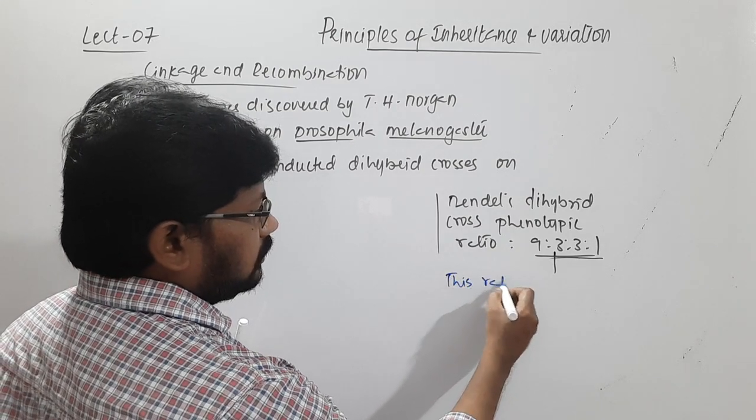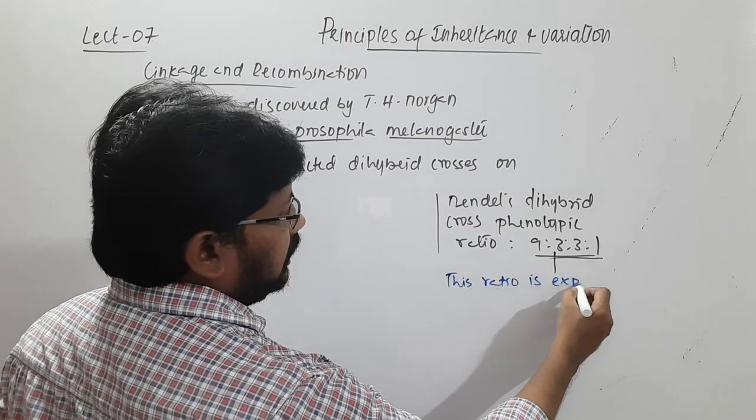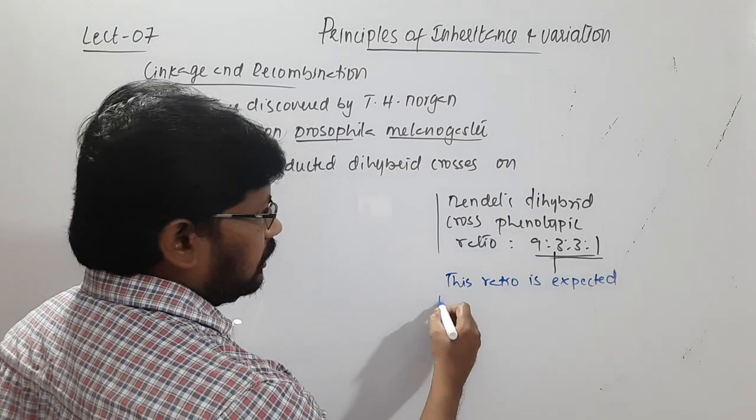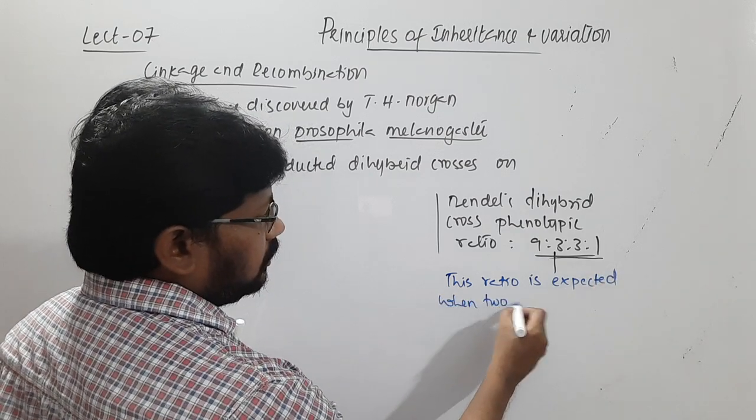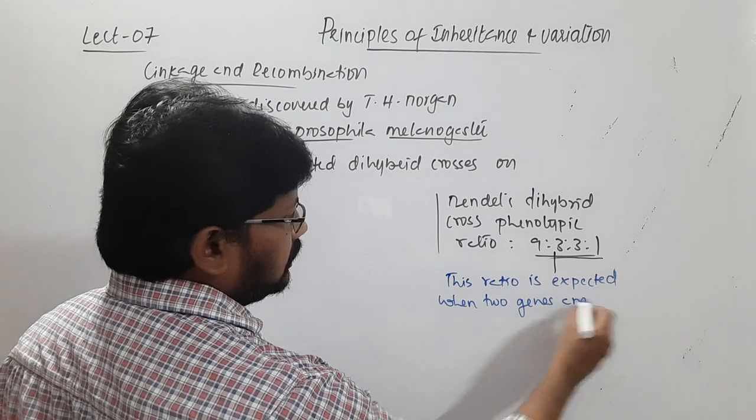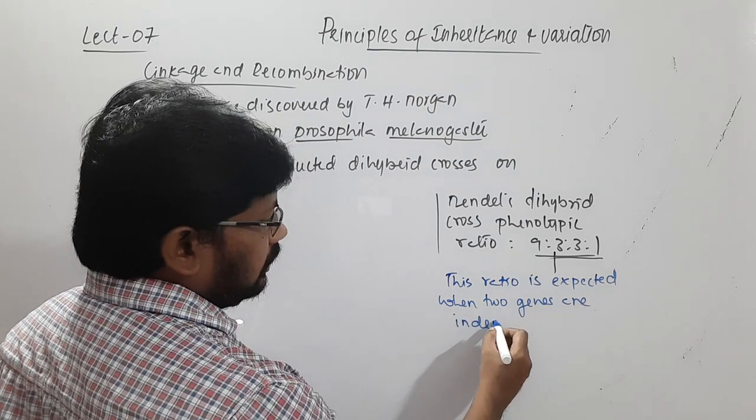So this ratio is expected when two genes are independent.